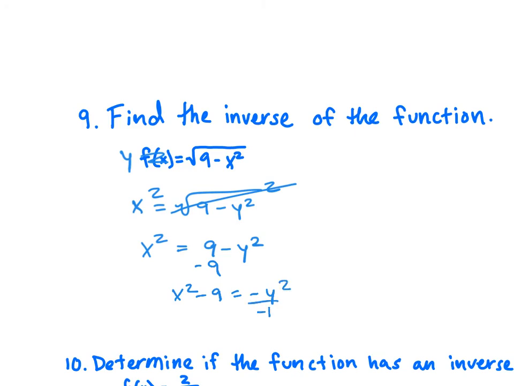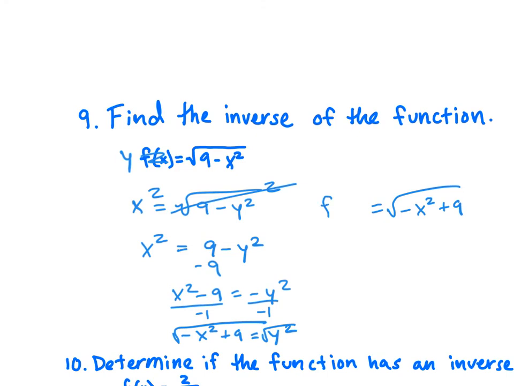We have a negative y, so to get rid of that negative, we would just divide both sides by negative 1. So our left side would then become negative x squared plus 9 is equal to y squared. And then to get rid of that squared on the y, we just take the square root of both sides. So this becomes the square root of negative x squared plus 9. And then we just have to state that it's our inverse, so we would put f negative 1 of x.